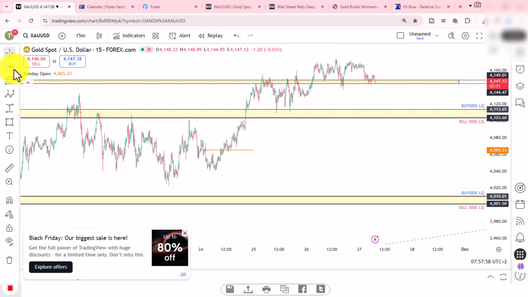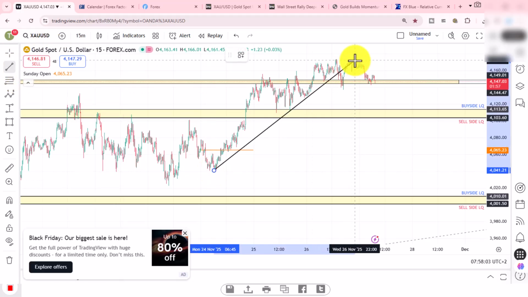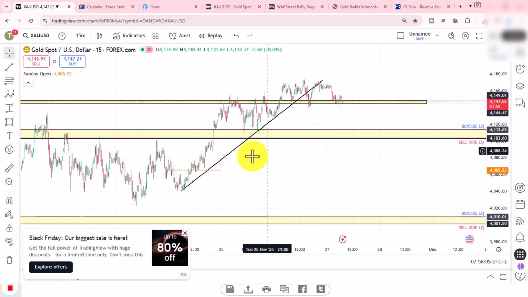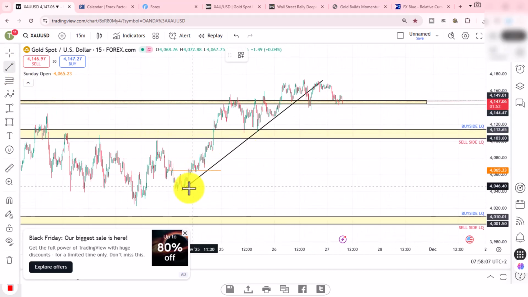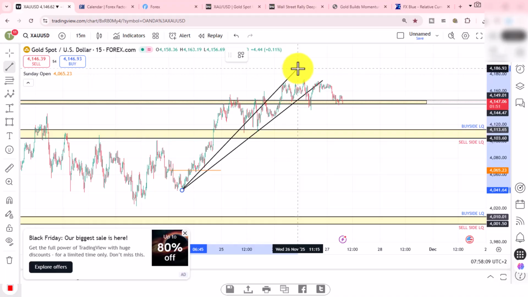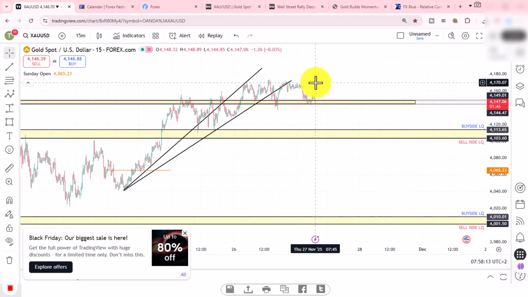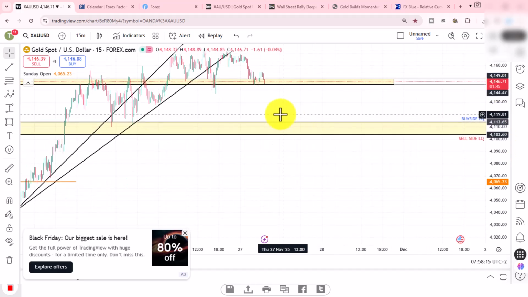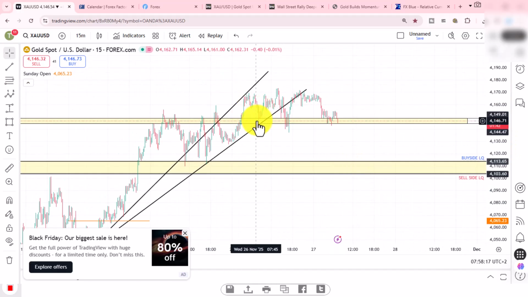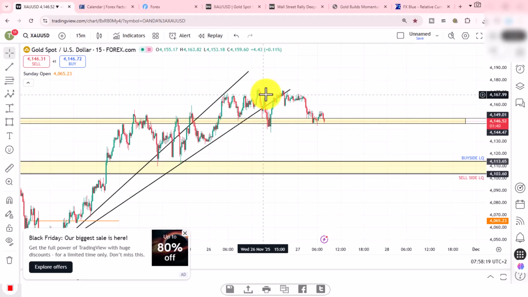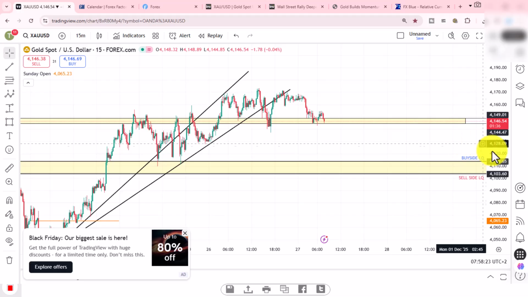So yeah, let me give you a setup, guys. This was a clear fake out. This was a fake out. But you could scalp quick, quick.